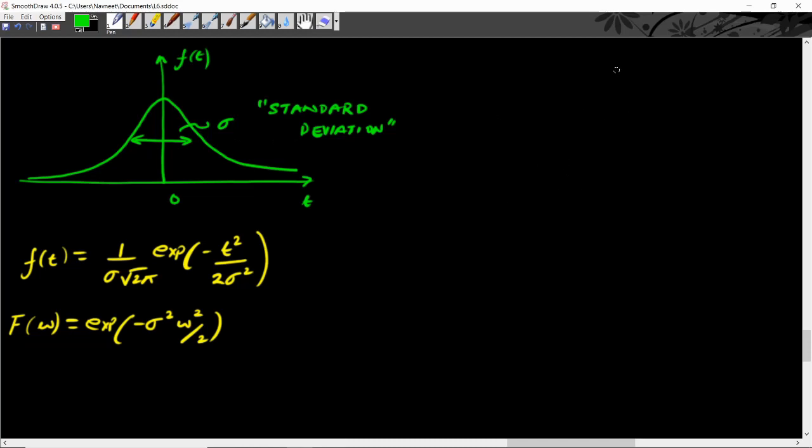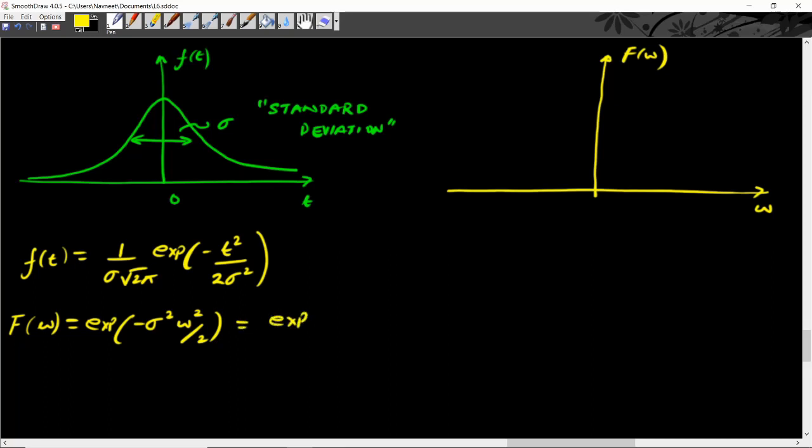On the other hand, if we look at the Fourier transform, and note that this is another Gaussian, although it is not normalized, but this function can be written like this. So we see that this is a Gaussian with standard deviation 1 by sigma.